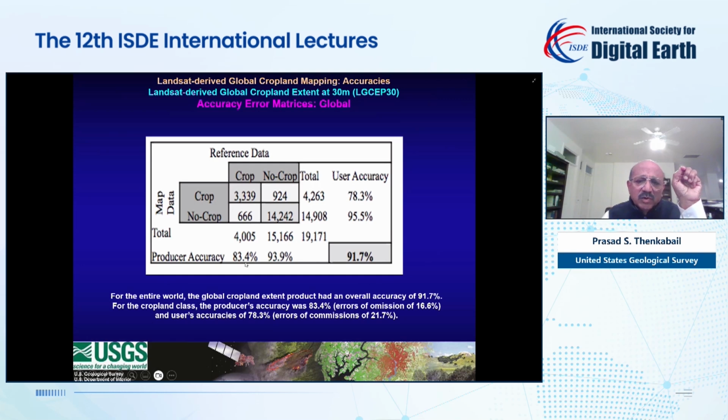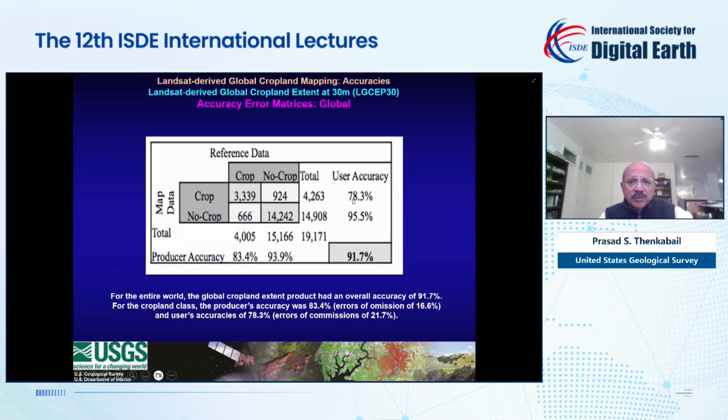Cropland has a producer accuracy of 83%, a user accuracy of 78%. That means we have mapped cropland where cropland should be found with 83% accuracy. That means 17% of cropland are omissions. And non-cropland, which is not cropland but coming into cropland, is about 22%. This is something that we are currently improving.